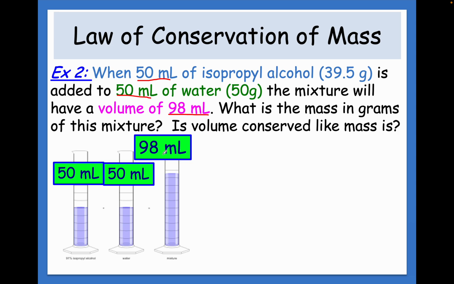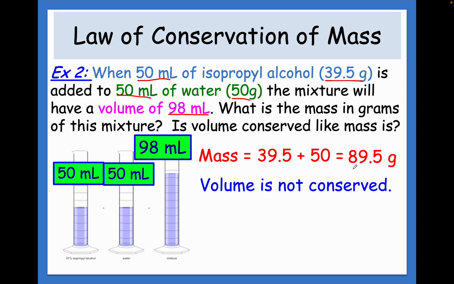That doesn't work. The reason for that is the molecules are so small, but mass will always be conserved. So if we find 39.5 and we add it to 50, we should find that the total mass of that solution at the end is 89.5. Volume is never conserved. That's because the molecules are so small they can compact a little bit together.